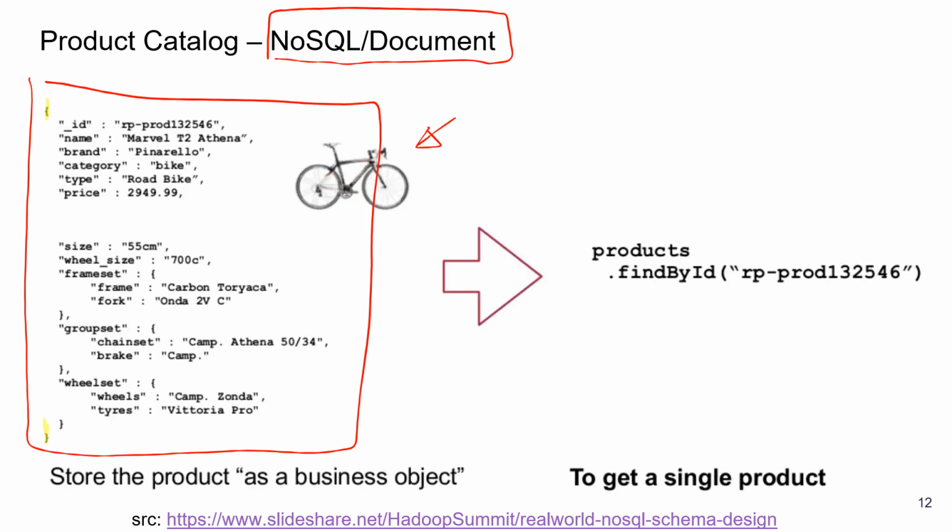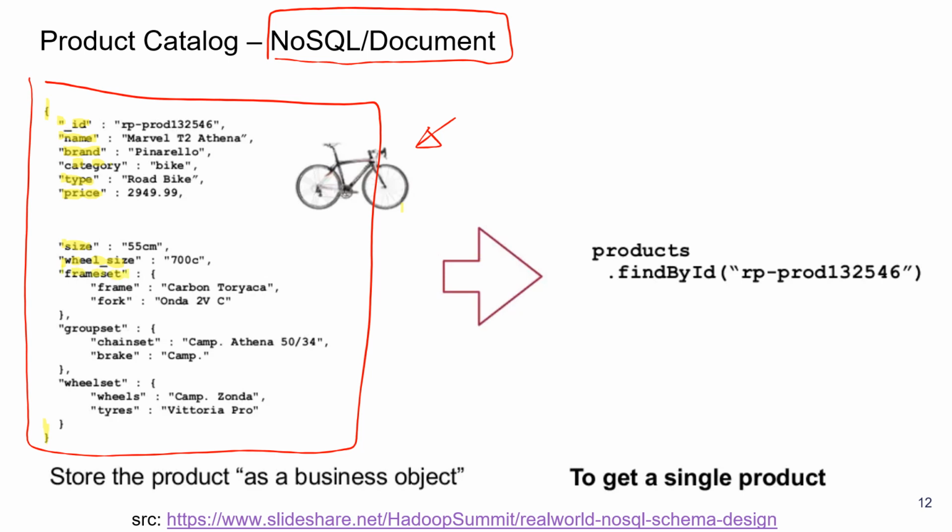Start a document with curly braces, and then it has an ID. Our bicycle has an ID, a name, a brand, a category, a type, and a price. Also then the size, the wheel size. All of these are simple attributes with just the associated string or number.